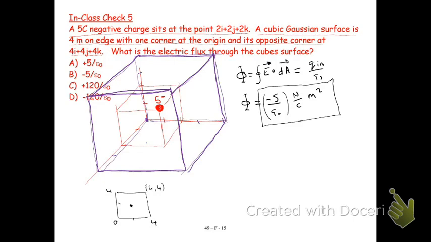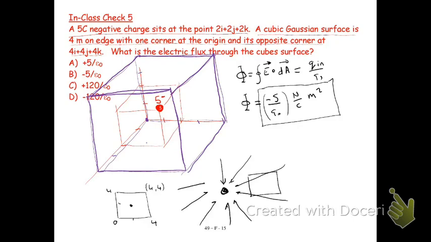So let's think about that. Let's try and visualize it. There's my charge, and there's my Gaussian surface. Because it's a negative charge, all the arrows are going in like that. So there's a visualization of what we just discussed. Let's put this in a circle so you know it's not the same thing.